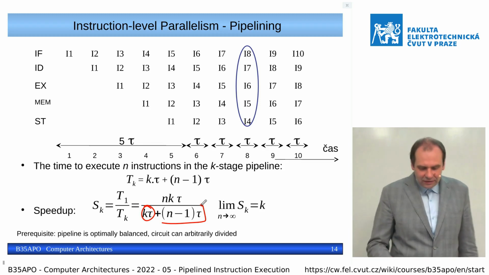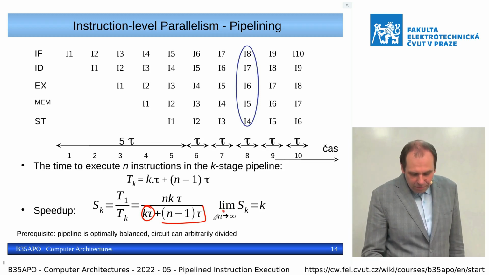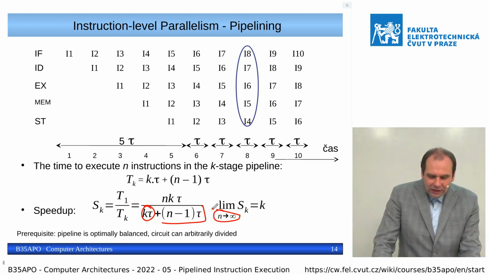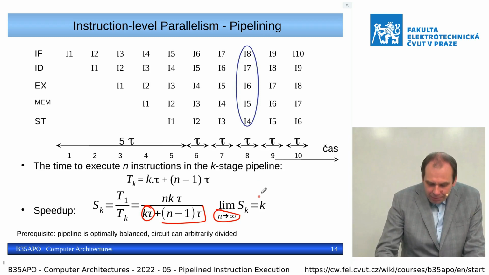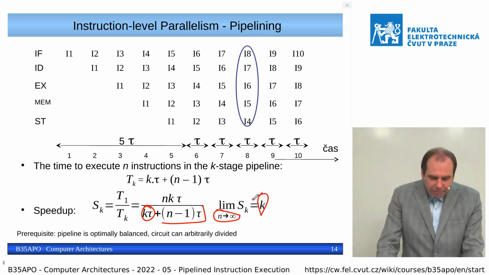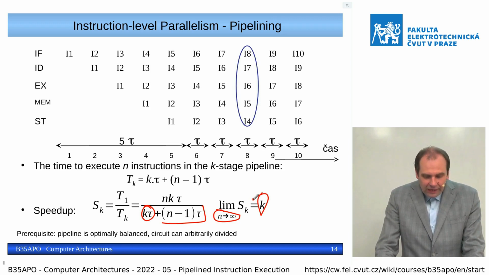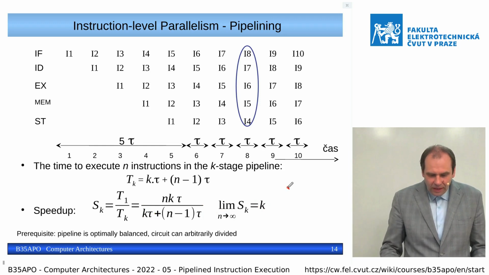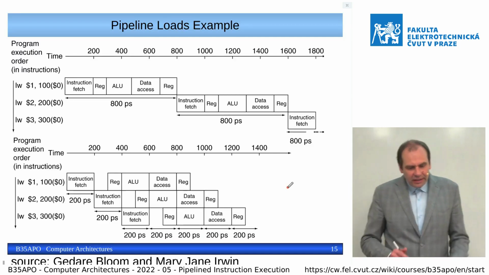So in theory, for a big sequence of instructions which can be executed without interruption, the speed up of the pipeline processor can be equivalent to k, the number of pipeline stages. Again, this is a real example.